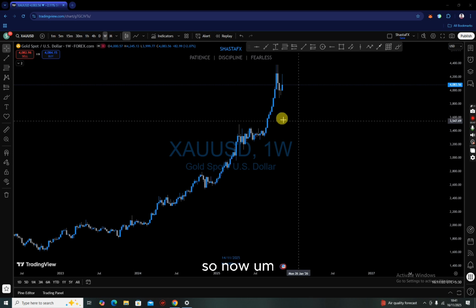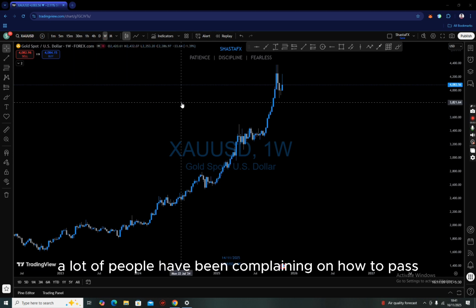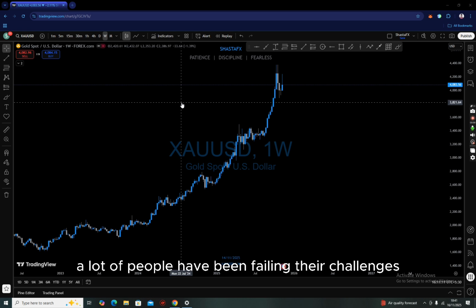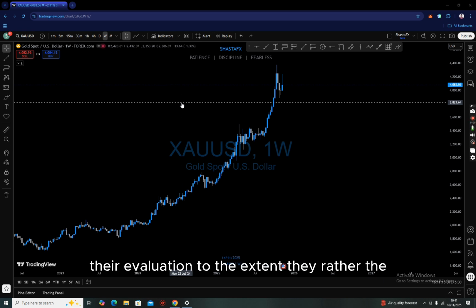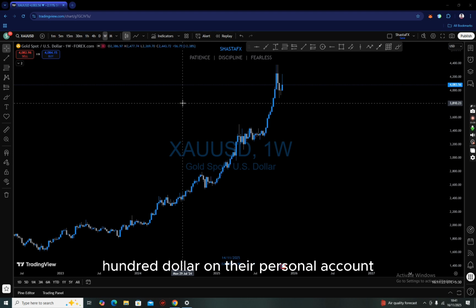So now, like I said, this is gold. A lot of people have been complaining about how to pass accounts. A lot of people have been telling their challenges with their evaluation, to the extent that some of them say they would rather fund $20, $50, $100 on their personal account and see what will happen.